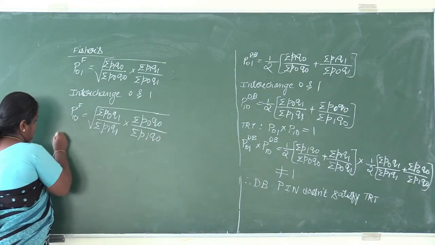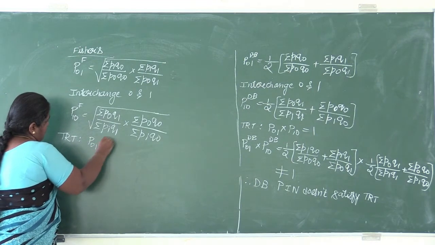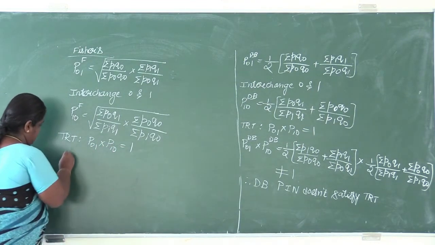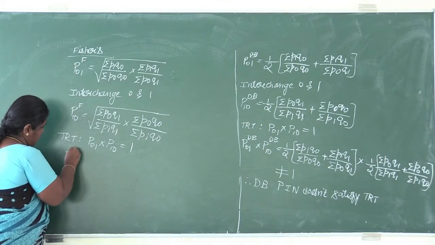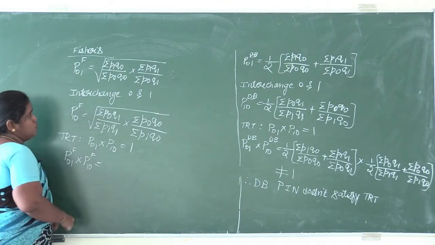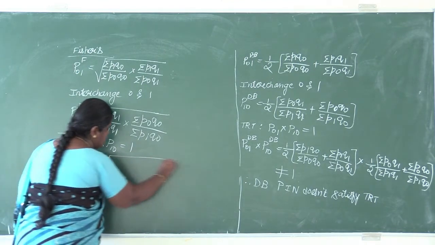Now write the condition of time reversal test, which is P01 into P10 equals 1. Again we are taking the left hand side, P01F into P10F. Since we have square root in both the formulas, I'll write the square root symbol only once.